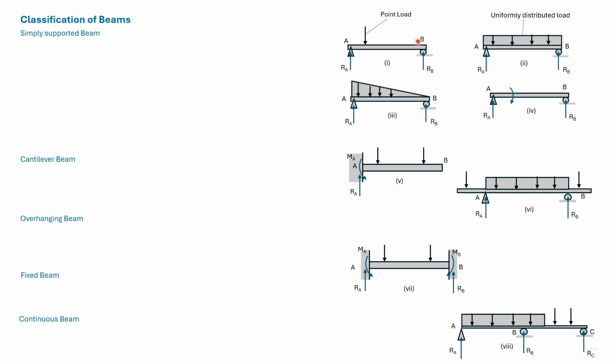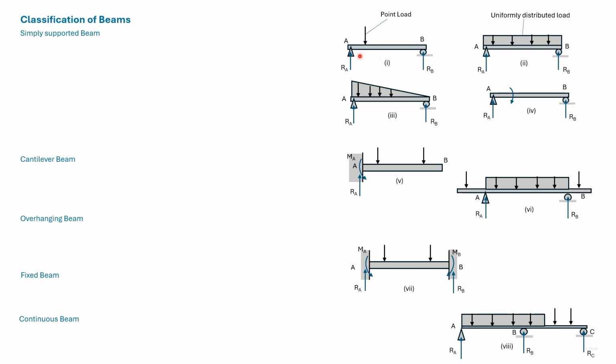Here, AB is a simply supported beam. It has a hinged support at one end and a roller support at the other end. If there are no horizontal forces acting on this beam, then there are two unknowns, at the hinge and at the roller support. There are also two equations of statics.